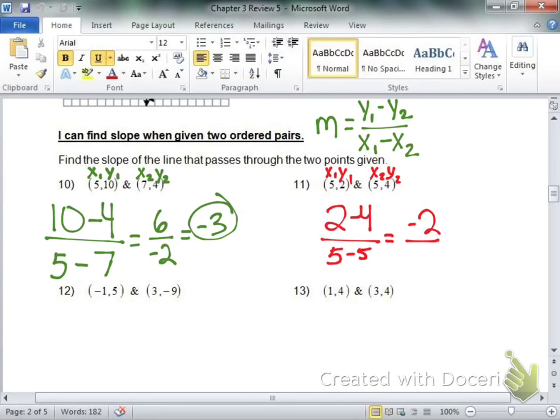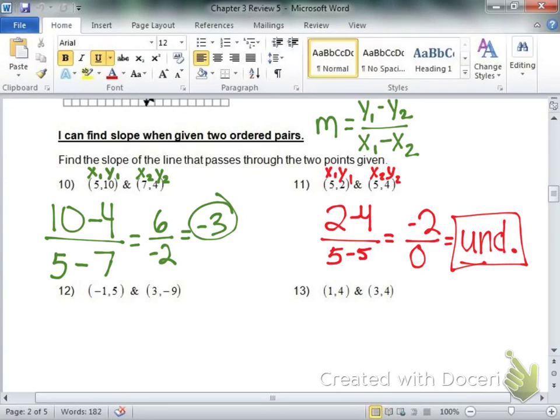Negative 2. 5 minus 5 is what? 0. Somebody type that into their calculator for me, please. Error. It says error. You cannot do it.